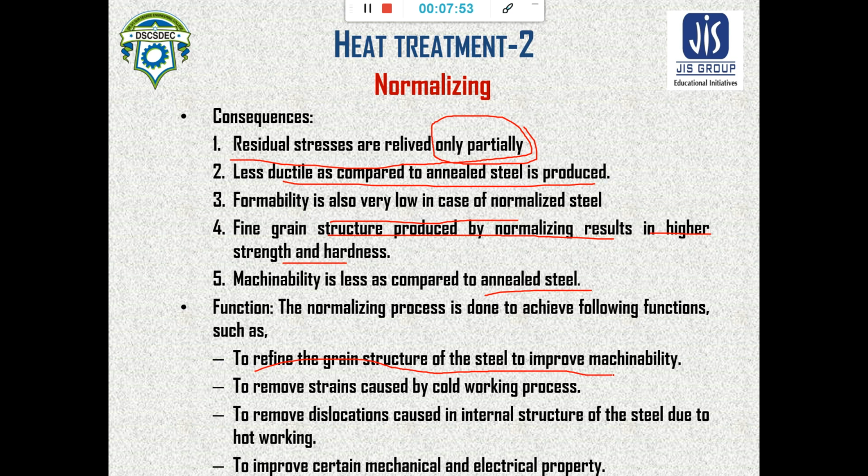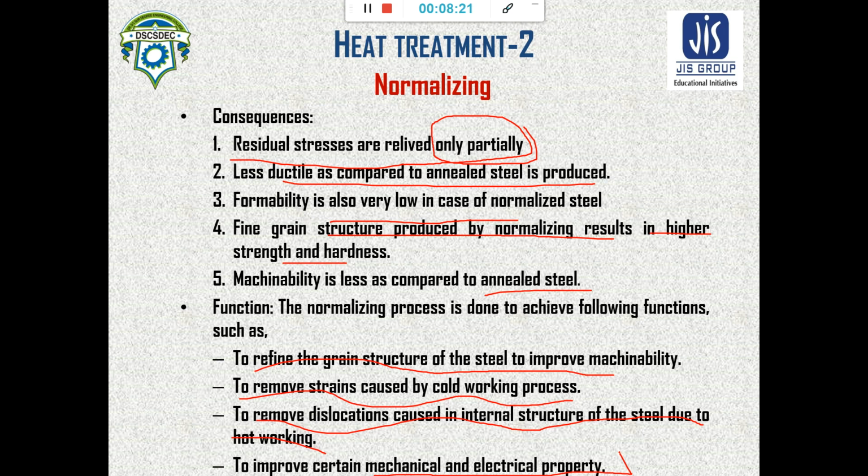Second, to remove the strain caused by the cold working process. Third, to remove the dislocations caused in the internal structure of the steel due to hot working, and to improve certain mechanical and electrical properties.